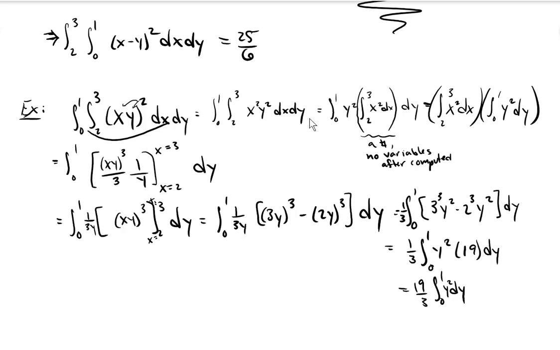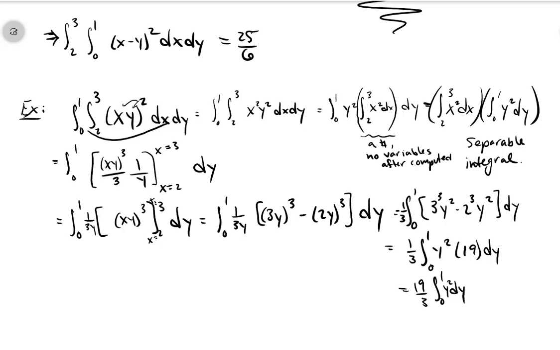And so we see that we were able to break this double integral in two variables up into two single variable integrals. I would call this a separable integral, just meaning we can separate it in this way, because now it's easy.